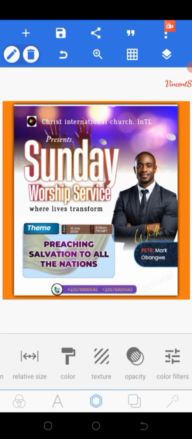You're able to identify why the man is placed on the right side and why typography is placed on the left side. So this is the layout law.